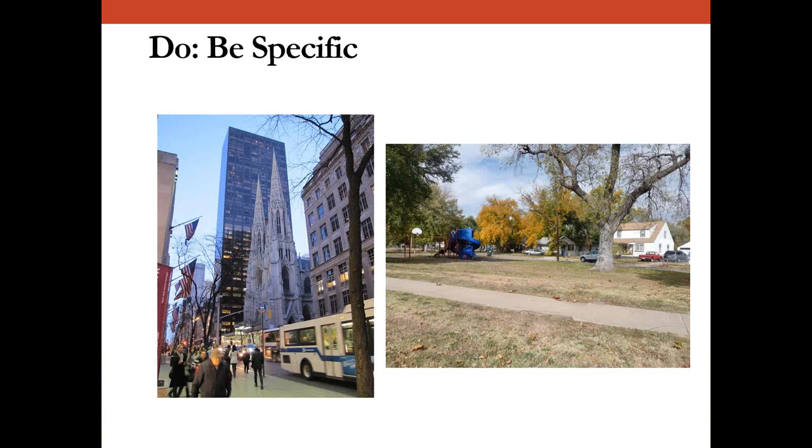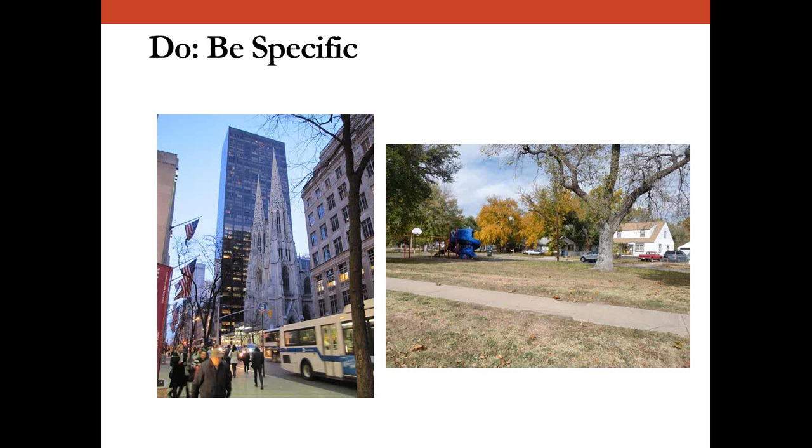The other thing that you want to do is be specific. So I have a picture here of New York City, and then another picture of, I think it was Wichita. We've driven throughout Kansas, and so I've been taking pictures from the car along the way, and so this was one of those pictures. But you want to really make sure that your policy drafting is specific to your individual community context.